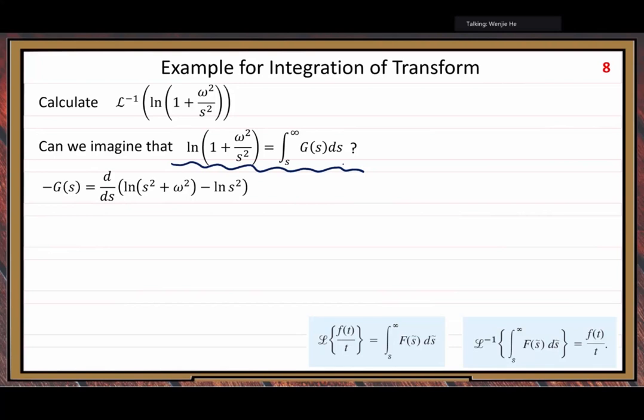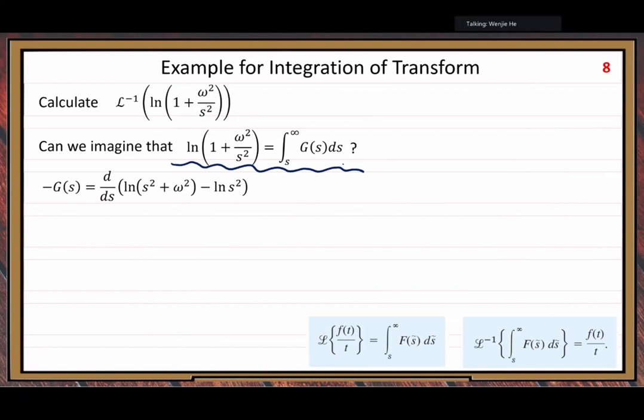If we know we want to do this, then it's very easy to find the G function, because we just take the derivative of both sides. On the right-hand side, by the fundamental theorem of calculus, but this variable is at the lower limit, not the upper limit.